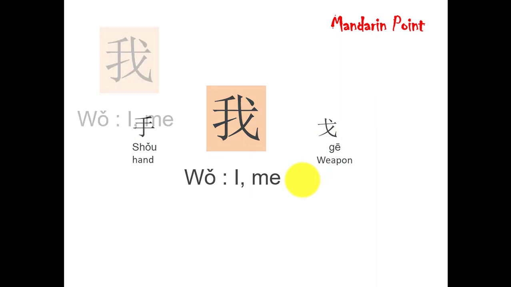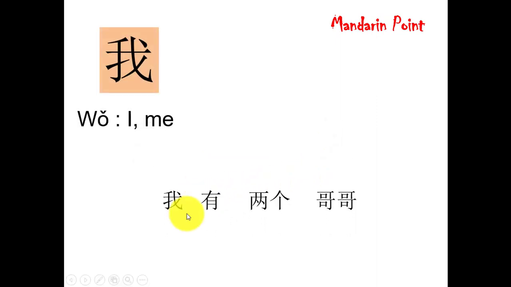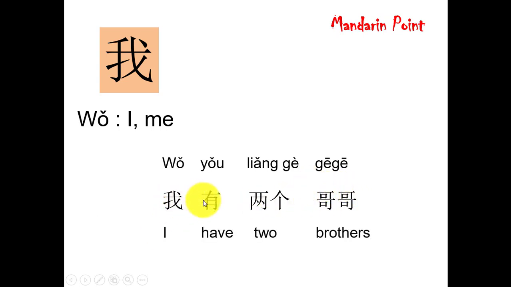Let's have an example sentence. 我有2个哥哥. And its meaning is I have 2 brothers.